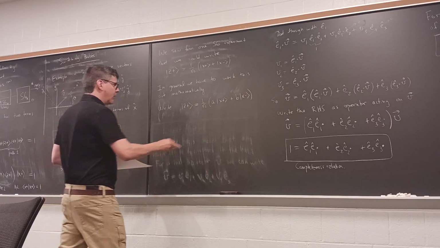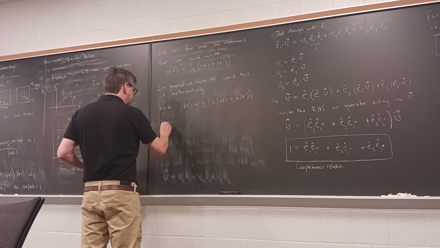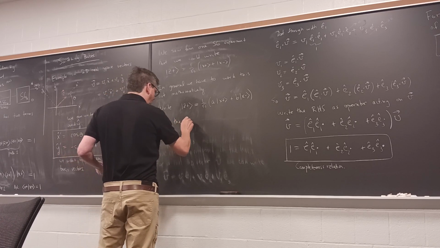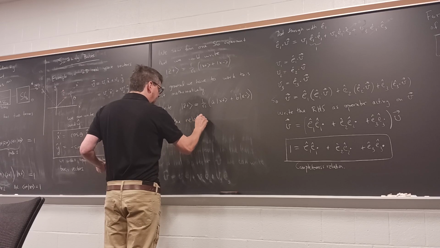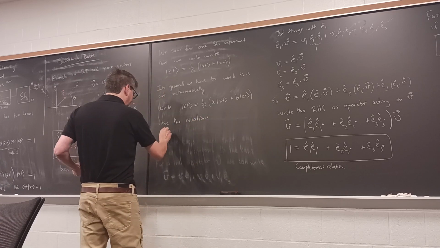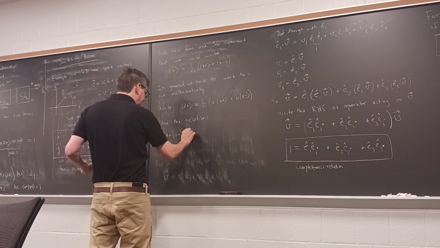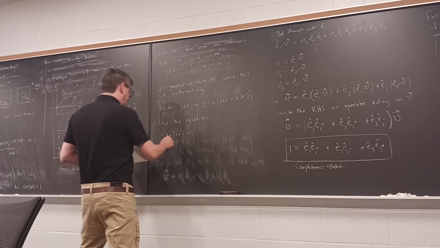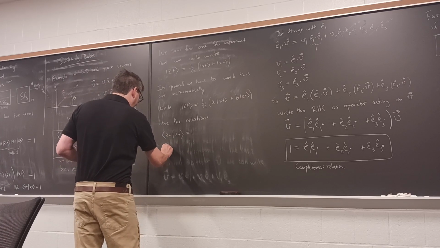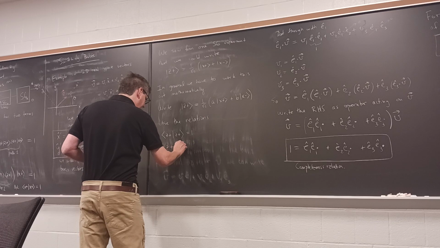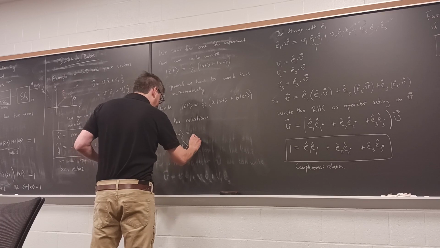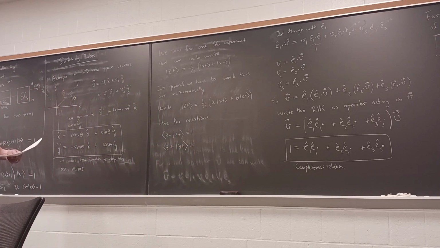Okay, so now we want to write this, and then we'll use the relations that we found yesterday. In particular, the inner product of z plus with itself has to be 1. We need this in particular. And we also need the inner product of z plus and x plus. This was from the experiment that we did before.